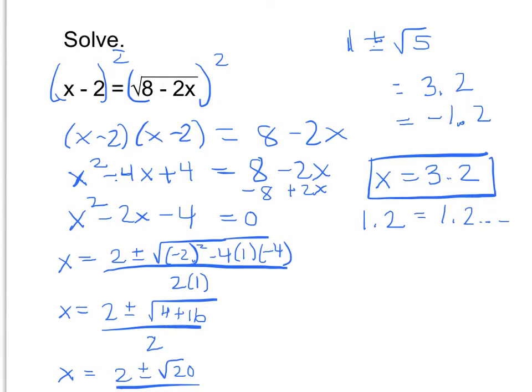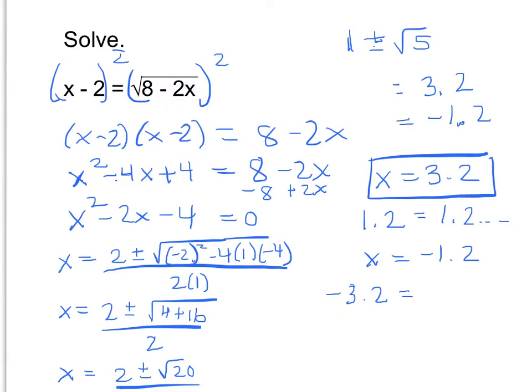Then I'm going to check negative 1.2. And when I do that, negative 1.2 minus 2 is negative 3.2. And I already know this isn't going to work because you're not going to be able to square root something and get a negative number.